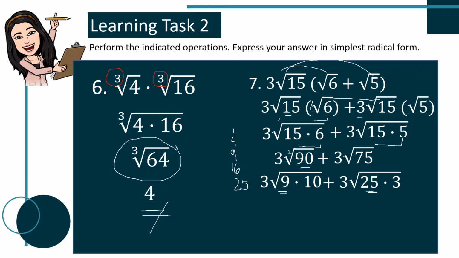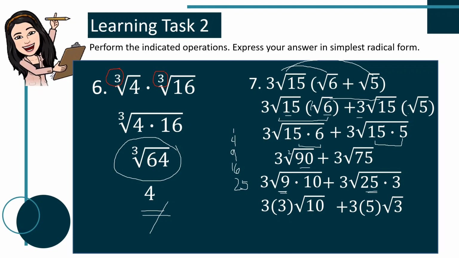So that would be 3 times, what is square root of 9? That is 3. 3 times 3 square root of 10. Natira na lang sa loob ng radical is 10. Ganun din po ang gagawin natin dito. 3 times, what is the square root of 25? That is 5. So, 3 times 5 square root of 3. Ayun na lang po ang natira, square root of 3.